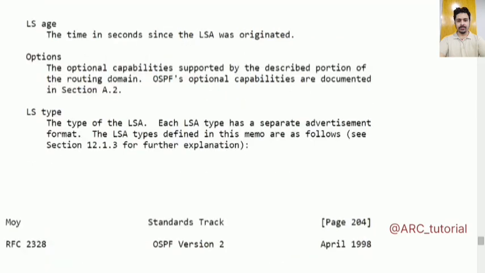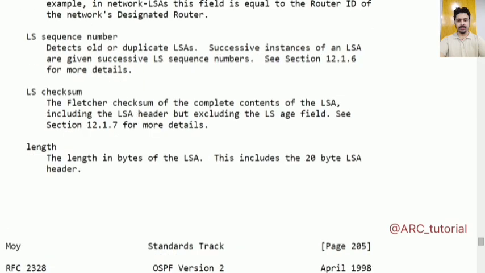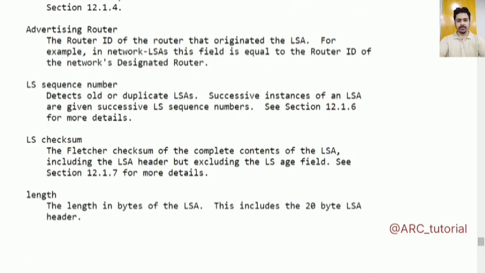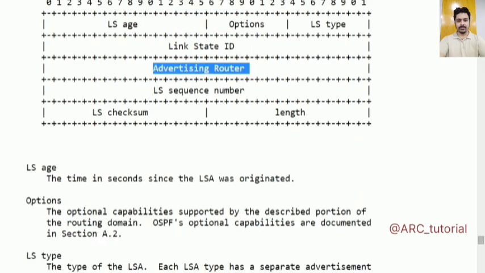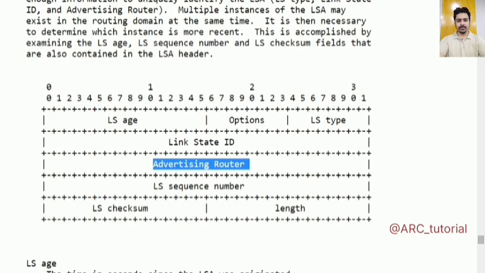Even you can see here the checksum: the Fletcher checksum of the complete contents of the LSA, including the LSA header but excluding the LS age field. This checksum will further be used by devices to confirm whether the packet is alteration-free or someone has altered it. So for checking data integrity, you will be using this checksum.